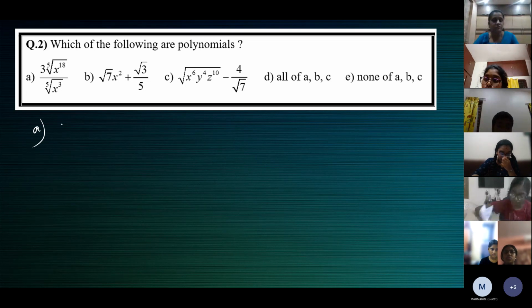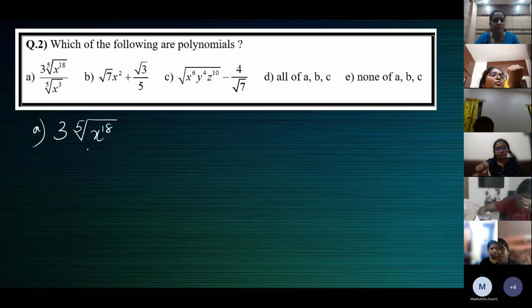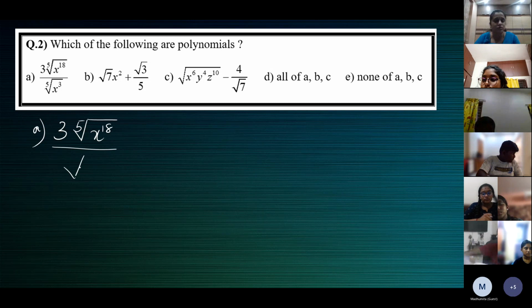Okay. Fine. So let's try to work that out. The given expression in A is 3 into the fifth root of x to the power 18 divided by the fifth root of x cubed.